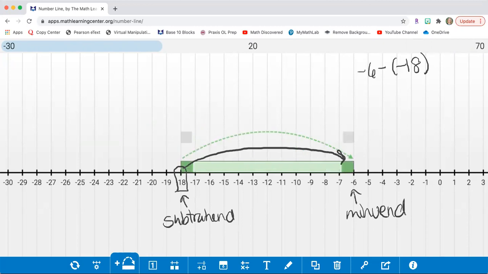Then you can just turn on the label and see that is now a +12. This is the same as -6 plus 18, but it's not because the 18 magically becomes positive. It's because this is the distance or the difference between these two numbers, -6 and +18, starting at the subtrahend, counting to the minuend.